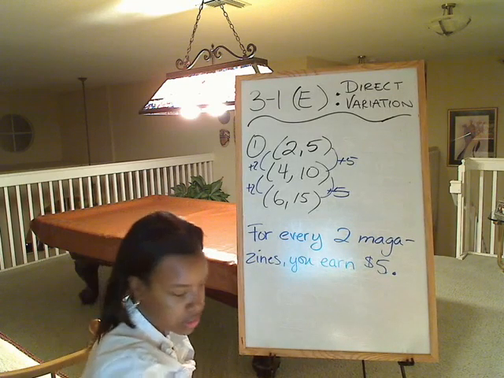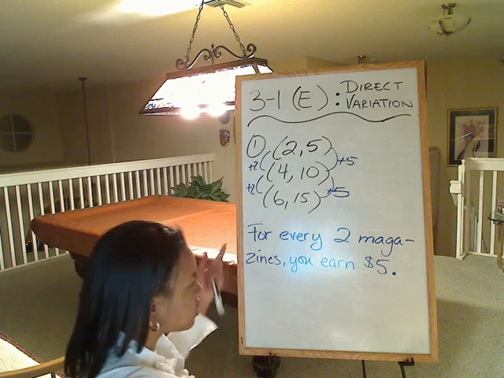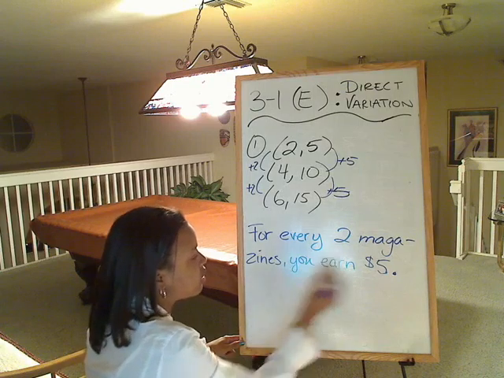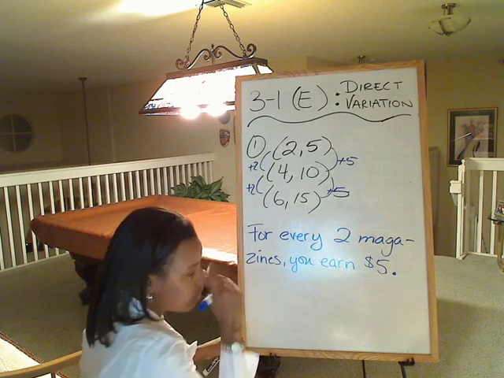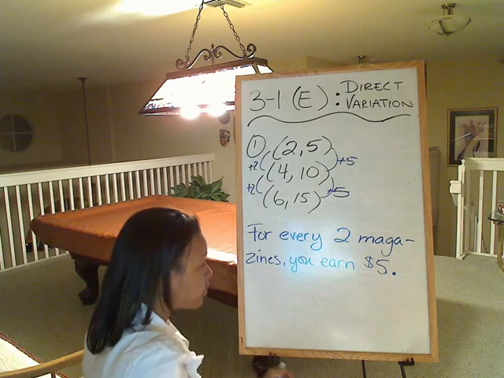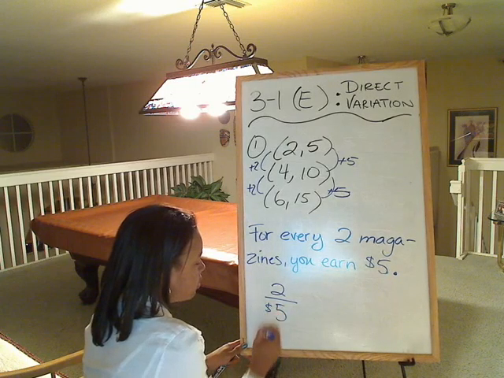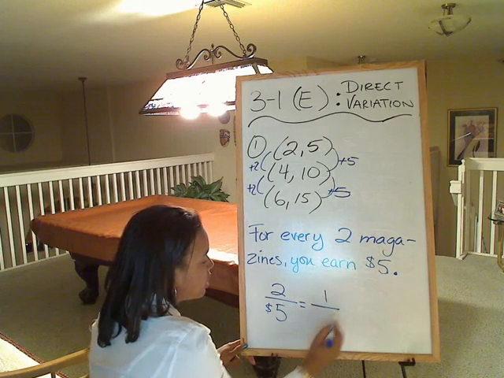So how much does one magazine cost? Because that's the question. If 2 magazines cost $5, you probably figured this out already in your head, but I'm going to show you another way to do it. If 2 magazines cost $5, how much does one magazine cost?